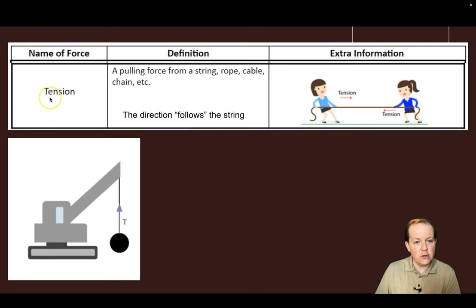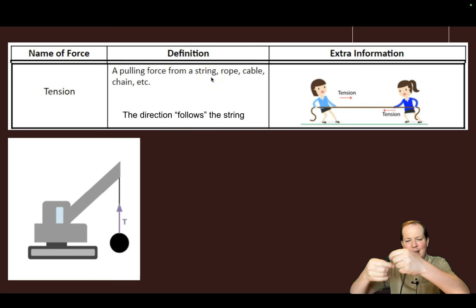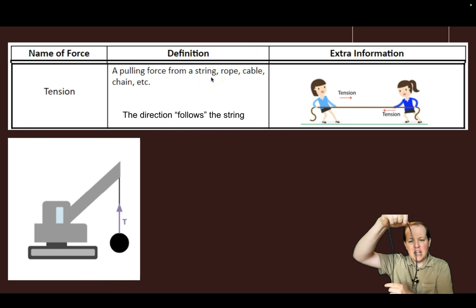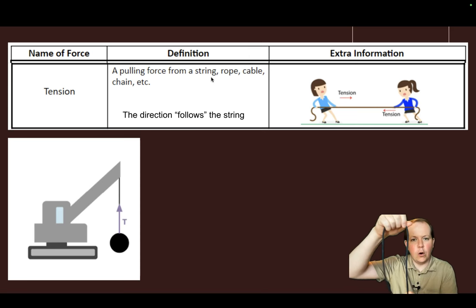The next one is tension, and this is a very broad name for forces that are coming from things like a string or a rope or a cable or a chain. I like to call these things little danglers. I'm holding up a shoelace. I'm not sure how well you can see, but things that are of this nature. Imagine I was holding up a necklace or a piece of rope, or even a heavier chain link.